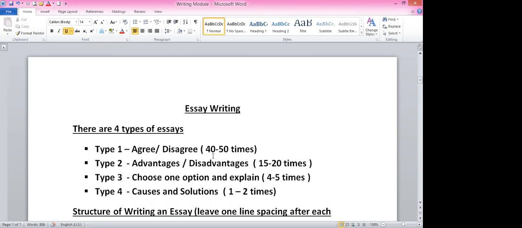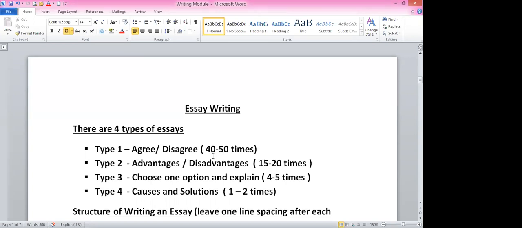And they might ask you to find the reasons behind this problem and how one can mitigate this problem, how one can curb this problem. So this type of essay is the causes and solutions essay. However, this type of essay has very little chance of coming in the exam, but still, in case you get it, we'll give you a brush through about how to write this kind of essay as well.